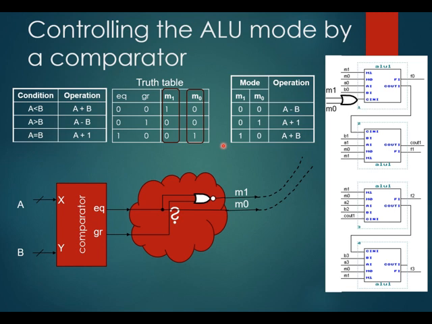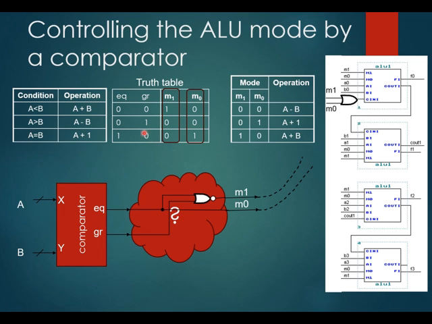So to derive the logic that produces the correct mode signal based on the comparison result, you need to derive the truth table that has the result of the comparison as the input, and the signals M1 and M0 as the output.